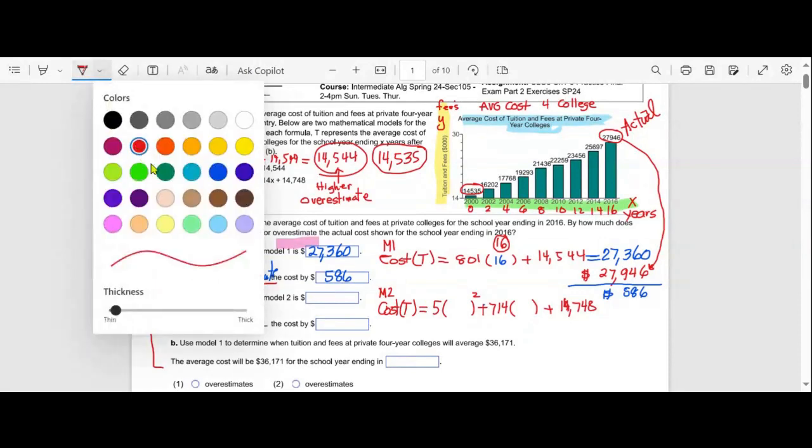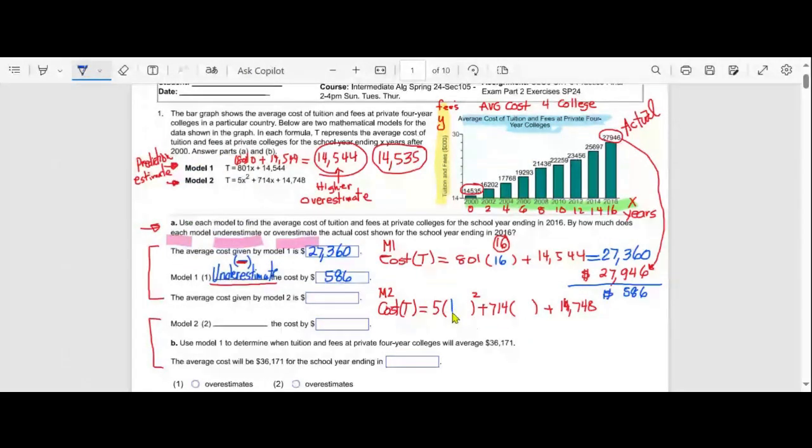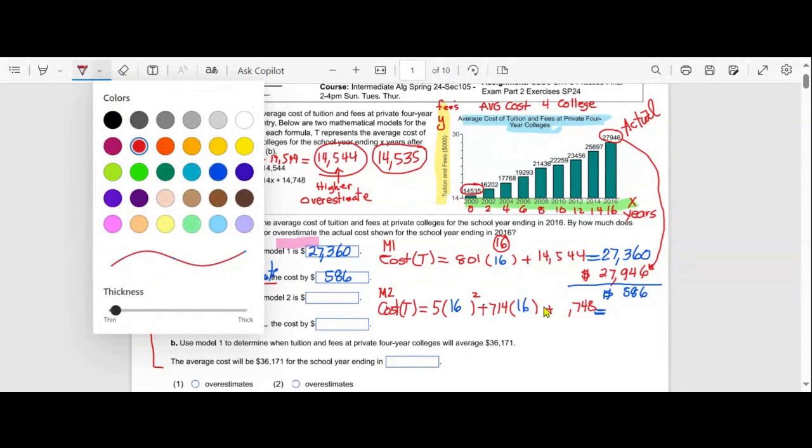Now, what should we do in the parentheses? What number? We're going to put 16. Use the calculator and tell me how much. Square the 16 times 5, and then multiply 16 times 7104, and then you add 14,748. I just want to put it the same color, okay?